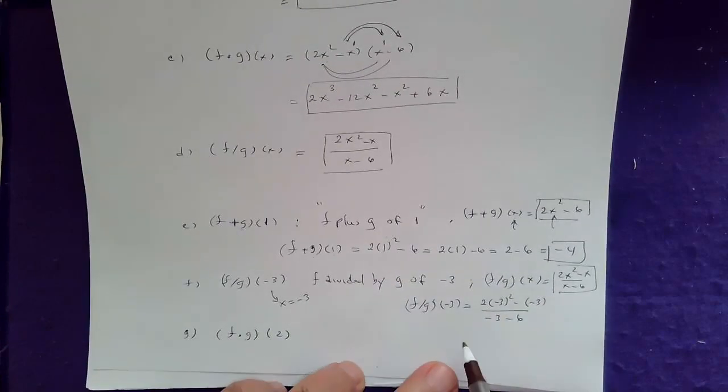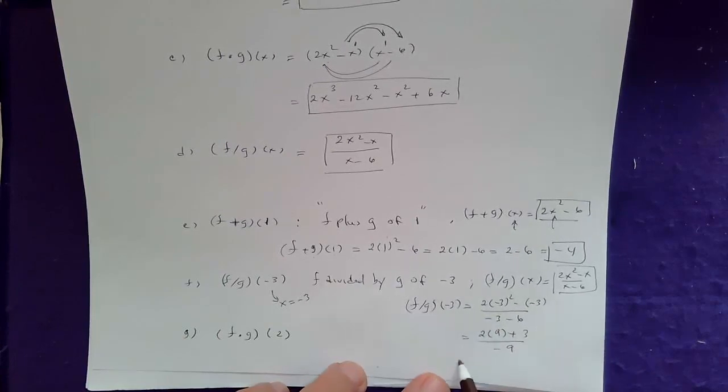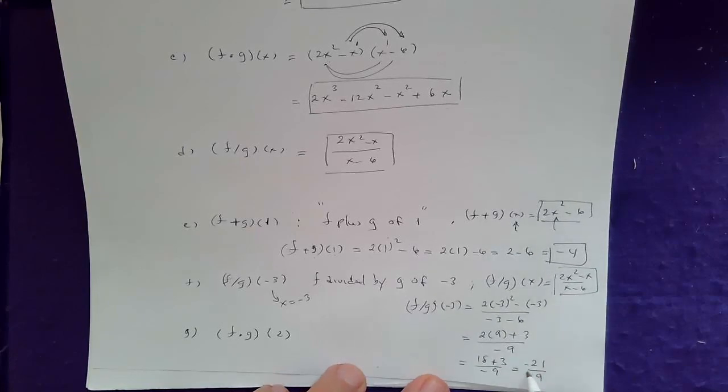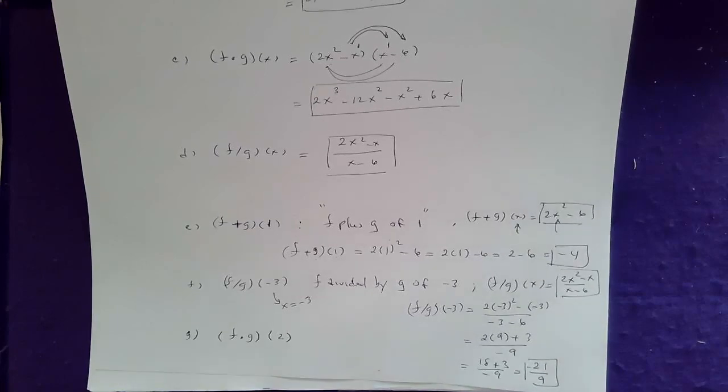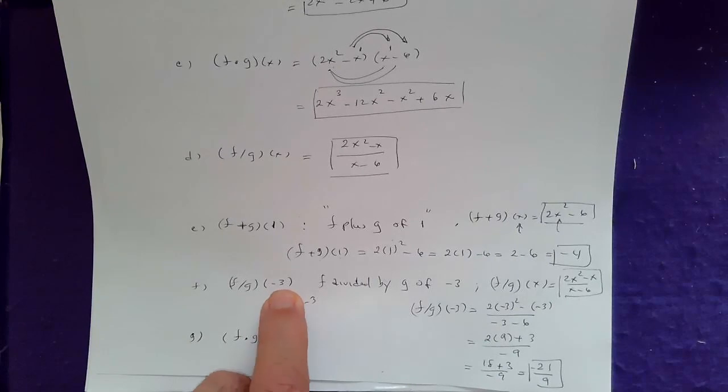So if you do the order of operations, that will be 2 times positive 9 plus 3 over negative 9. That's 18 plus 3 over negative 9, which is 21 over negative 9. Right? So that's an answer. That's what happens when you evaluate f divided by g of x at negative 3.